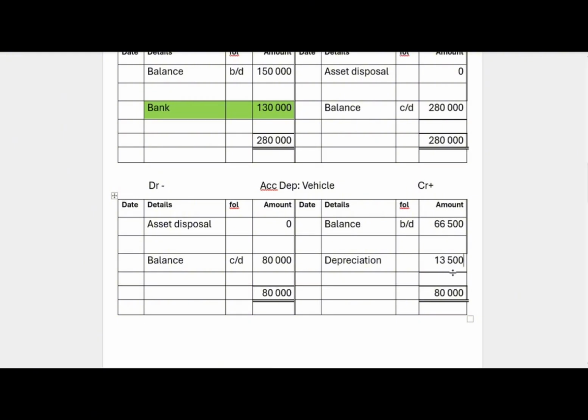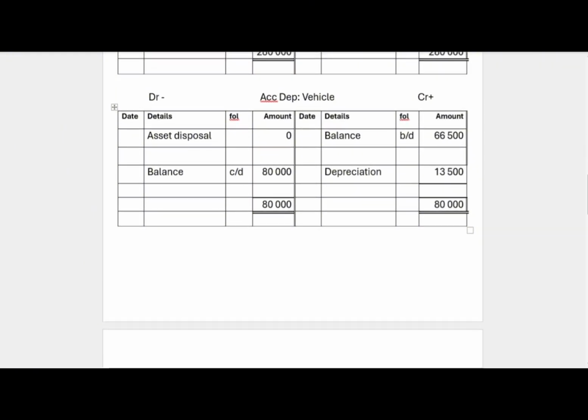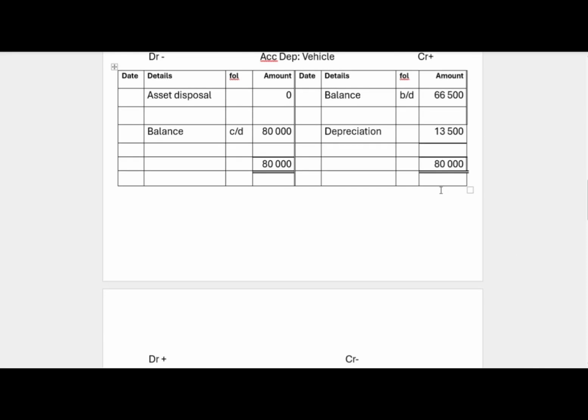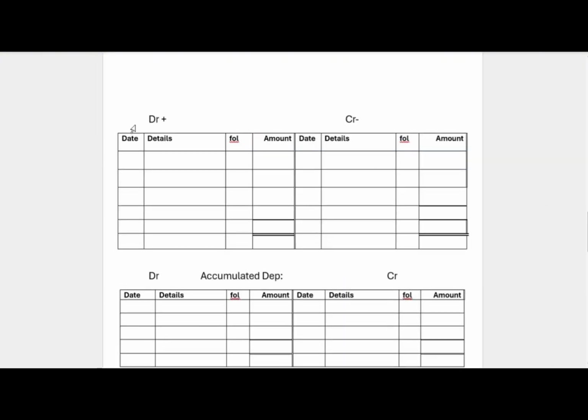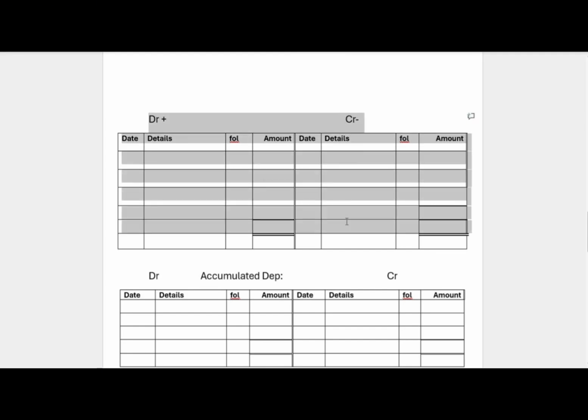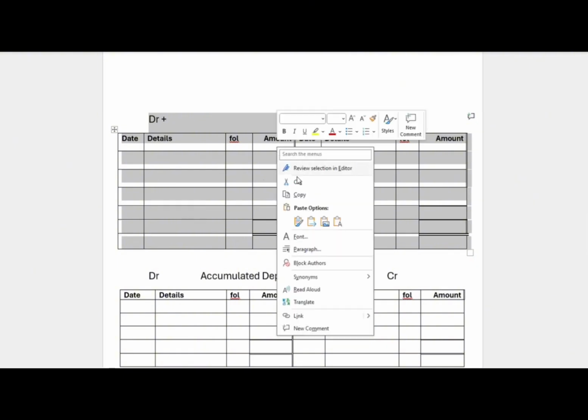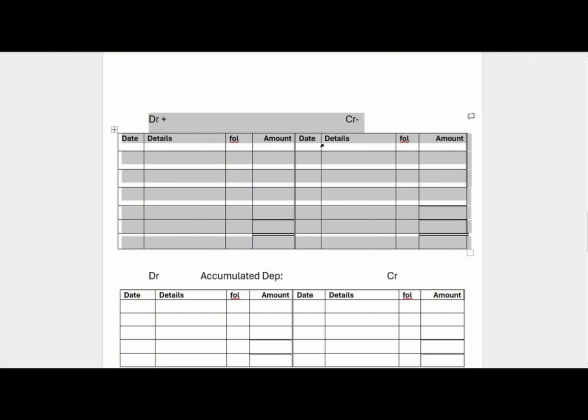And then we also have to do the calculation for land and building to check if we have purchased land and building. Remember, I said investing activities consider all the non-current assets. You check if there was a purchase or a sale. Did we dispose any asset?